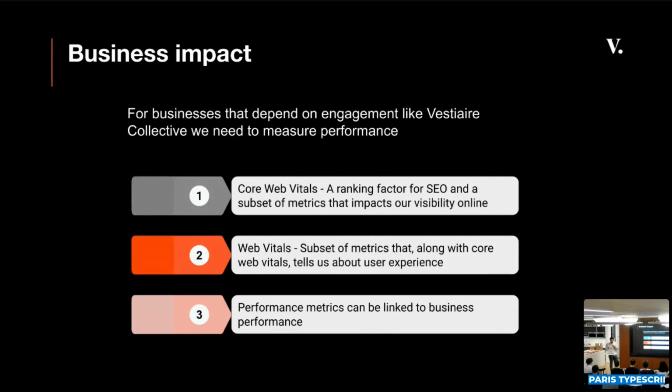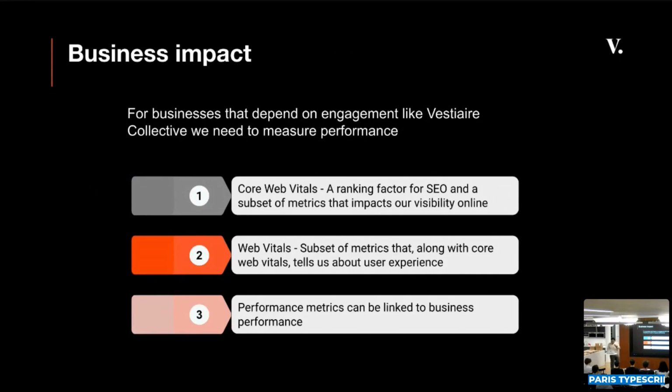These metrics can typically be broken into two subsets. The first one is core web vitals. This is the big one, and it is a ranking factor for SEO on Google, so for us it directly impacts our application's visibility online.